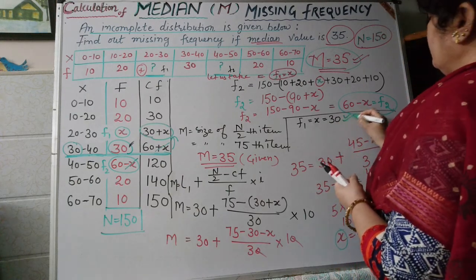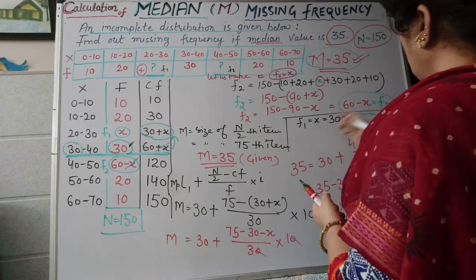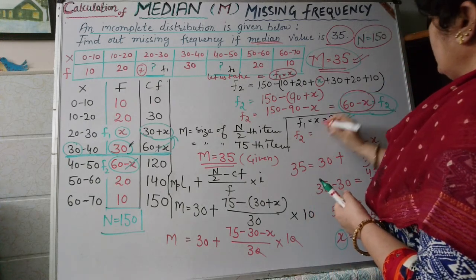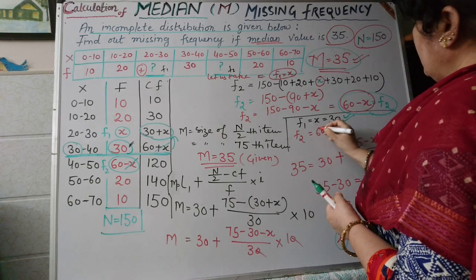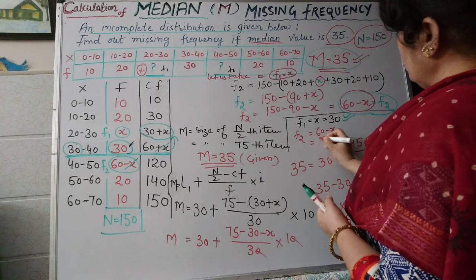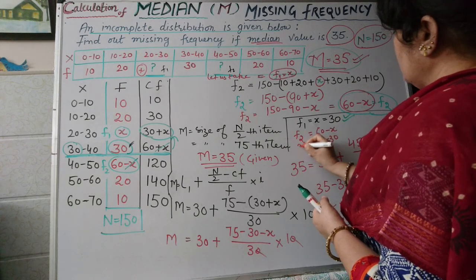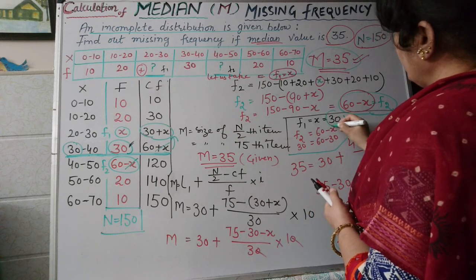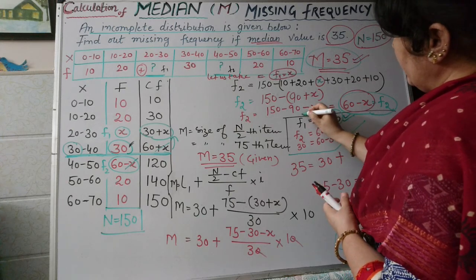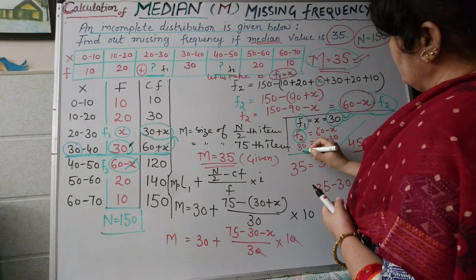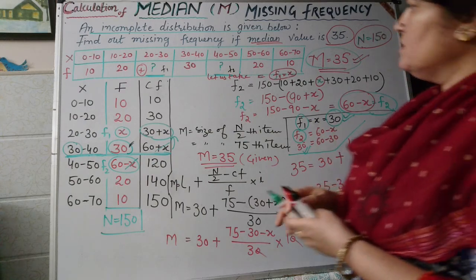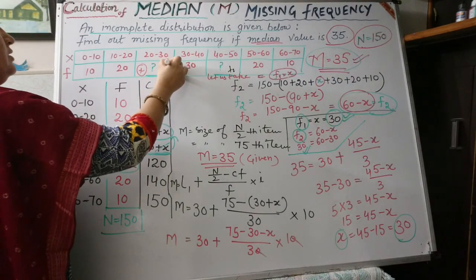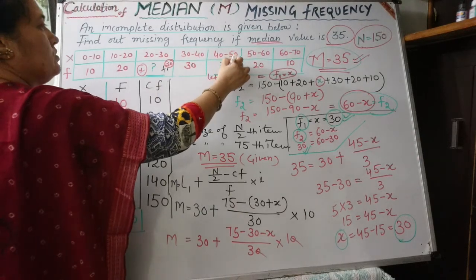And the value of F2 is equal to 60 minus x. By putting the value of x in this equation, it is 60 minus 30, equal to 30. So the value of F1 is 30 and the value of F2 is also 30.